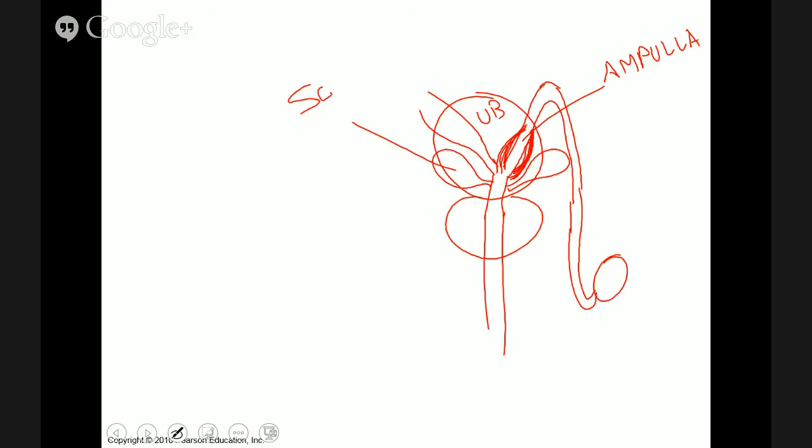Yep, the seminal gland, or we call it the seminal vesicle. And then we have this gland here, which is the donut-shaped gland, the prostate.